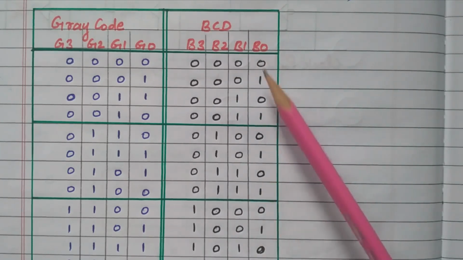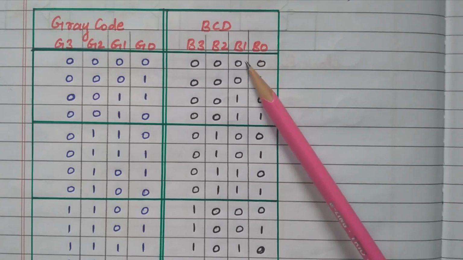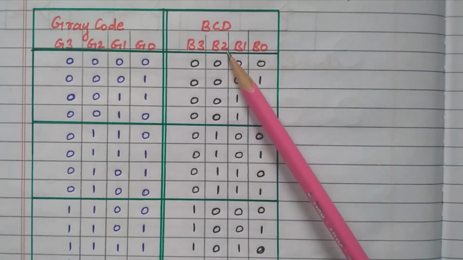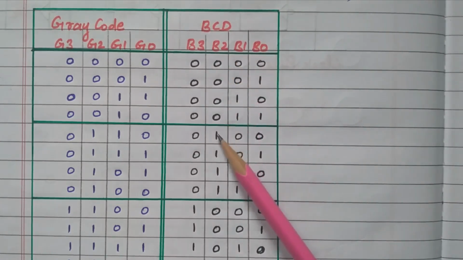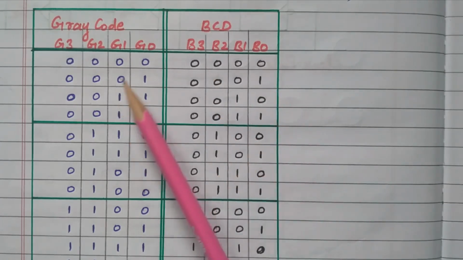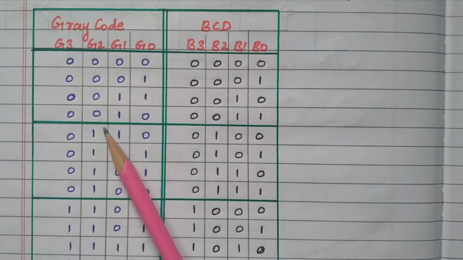B1 has 2 zeros and 2 ones, 2 zeros and 2 ones. B2 is first 4 zeros, remaining 4 are ones. B3 is first 8 zeros, remaining 8 are ones. So it is in a sequential order. In order to bring this order, this side the order is changed, nothing else.